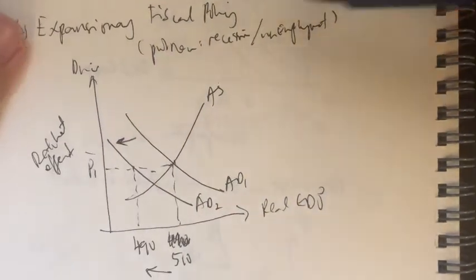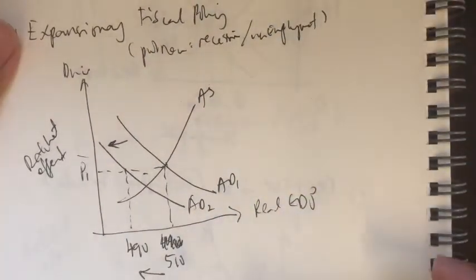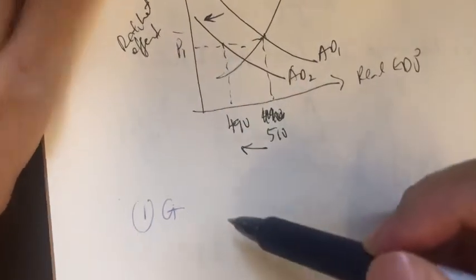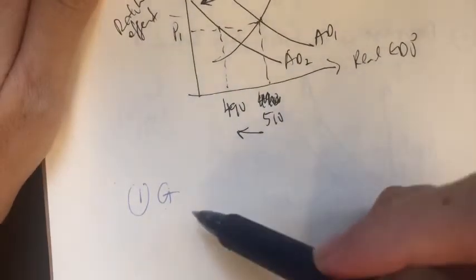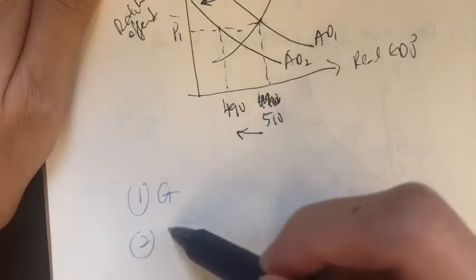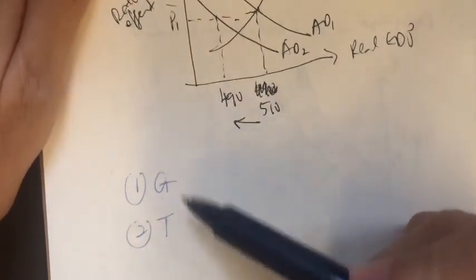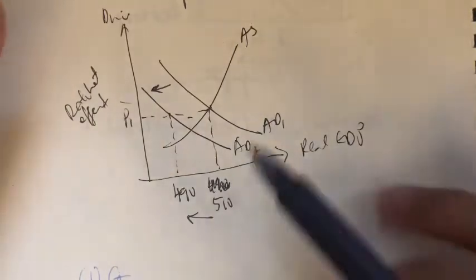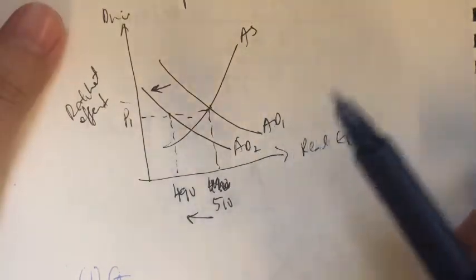How can we do that? Now remember, there are two tools of fiscal policy. What was the tool just now? The first tool was government spending, or government expenditure, and the second tool is taxation. We can use these two to solve this problem. I'm going to show you one by one how we achieve that.